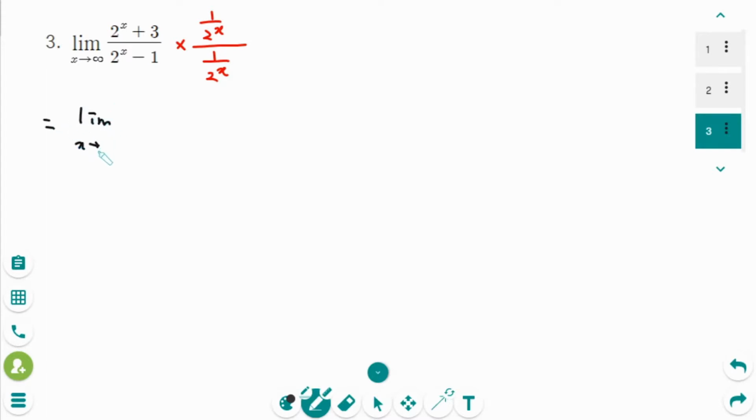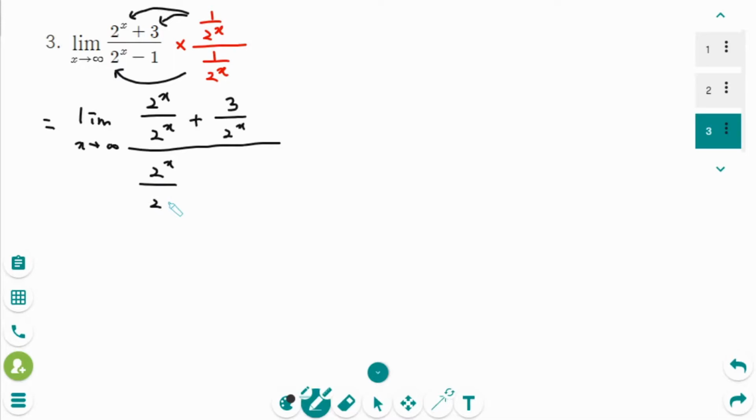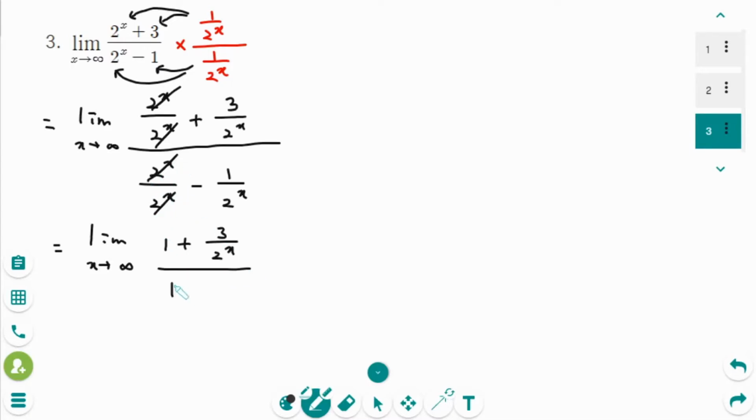So the first one is 2 to the power of x over 2 to the power of x plus 3 over this one. Same thing for the second one. And simplified, this is 1 plus 3 over 2 to the power of x, over 1 minus 1 over 2 to the power of x, and then infinity put into x.